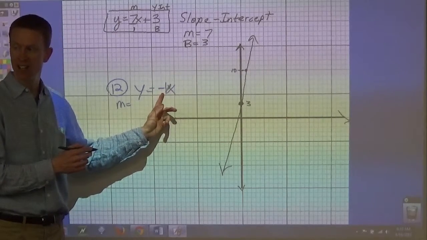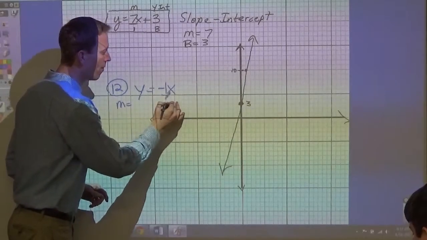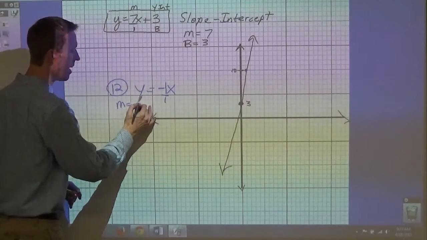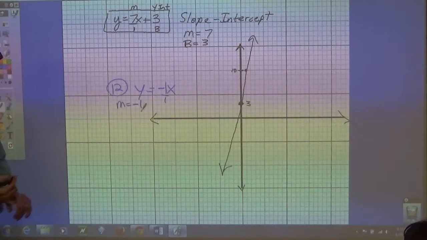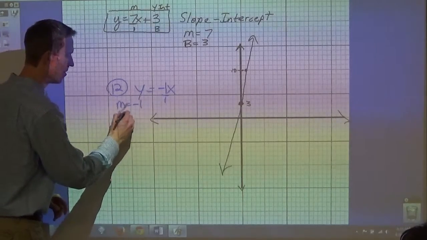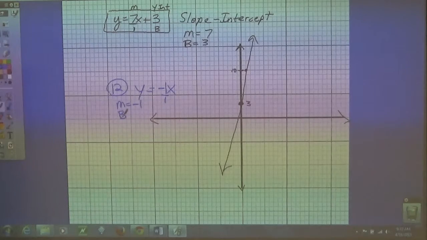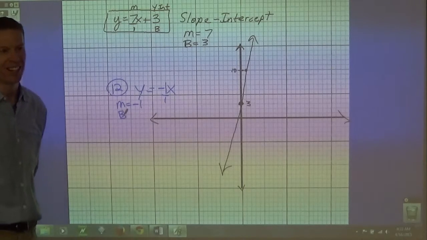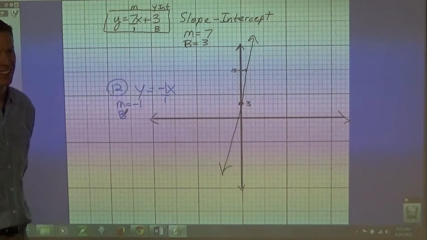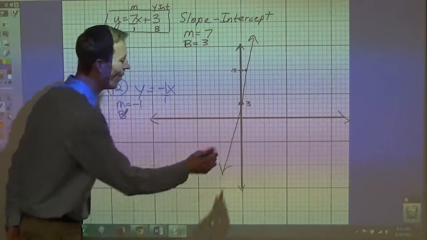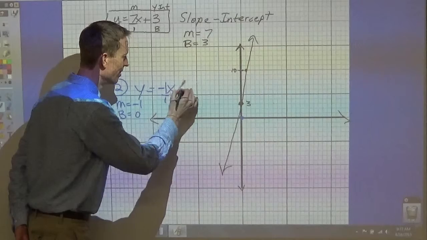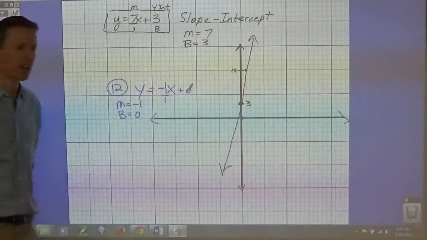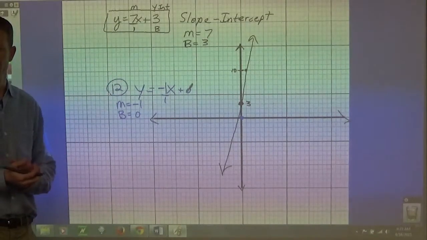That helps you find the coefficient. So m is negative 1. The slope is negative 1. What's b? Is there a b? There actually is, yeah. James? 0. Yep. B is 0. Because we could put plus 0 there without changing anything.